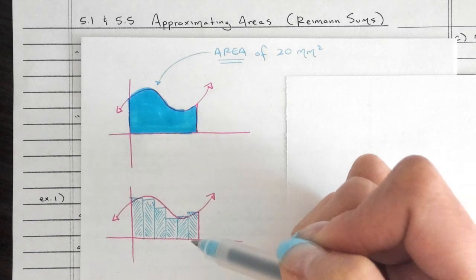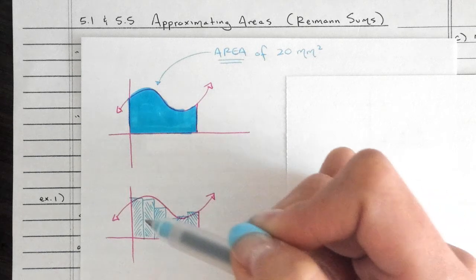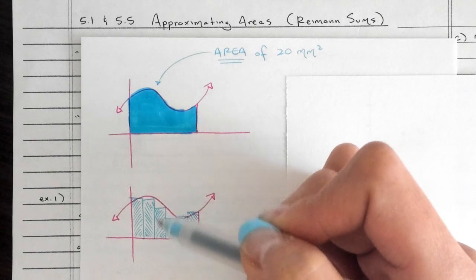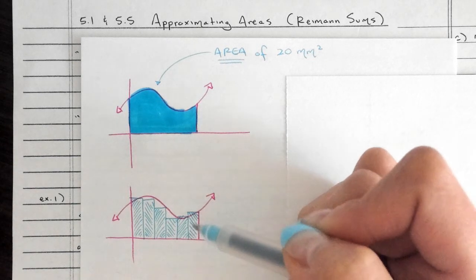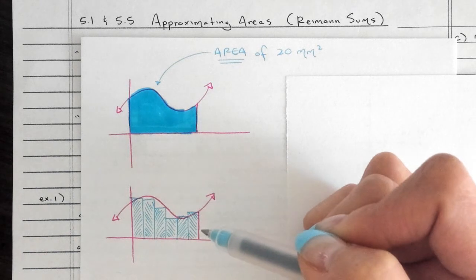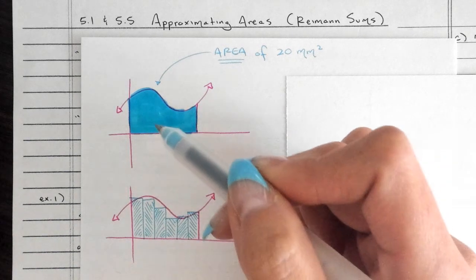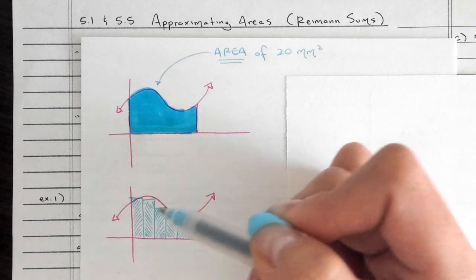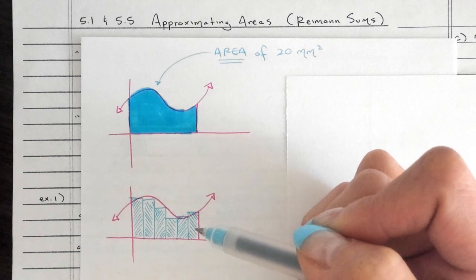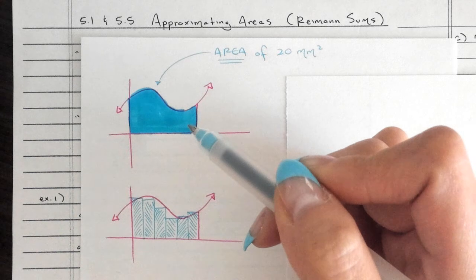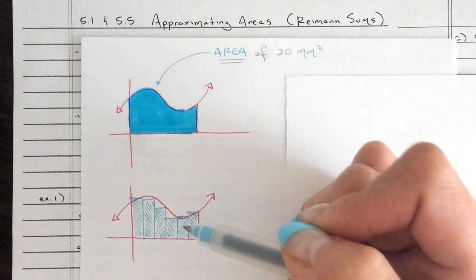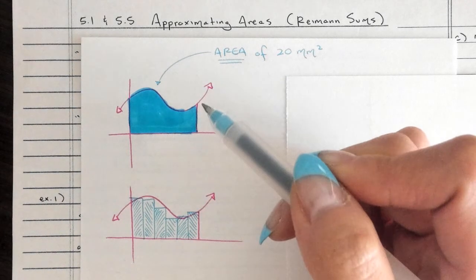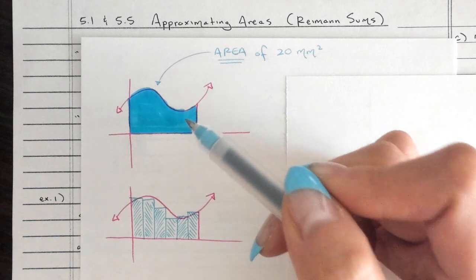There are 6 congruent bases, and my height of the rectangle just goes to the function itself. If I add up these rectangle areas, I get something pretty close to this. If I make 100 rectangles, I get really close. If I make an infinite number of rectangles, that's what I'm basically finding for my area.